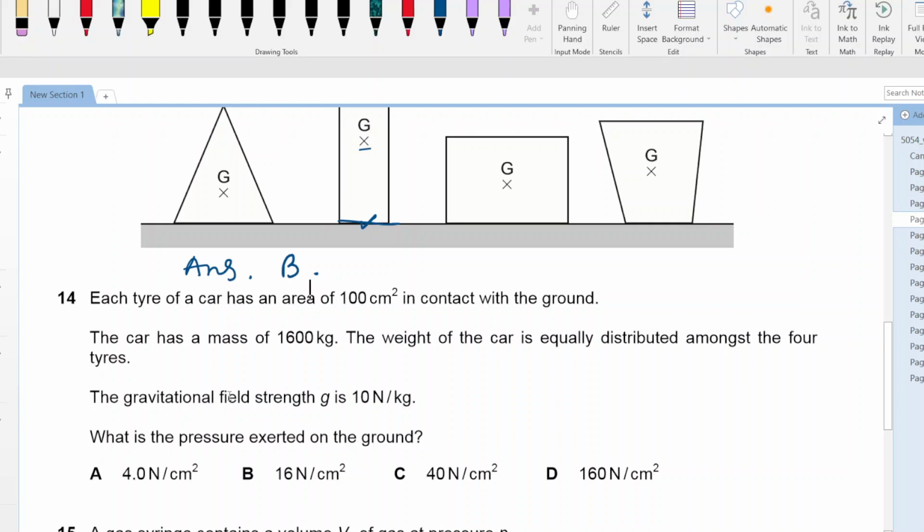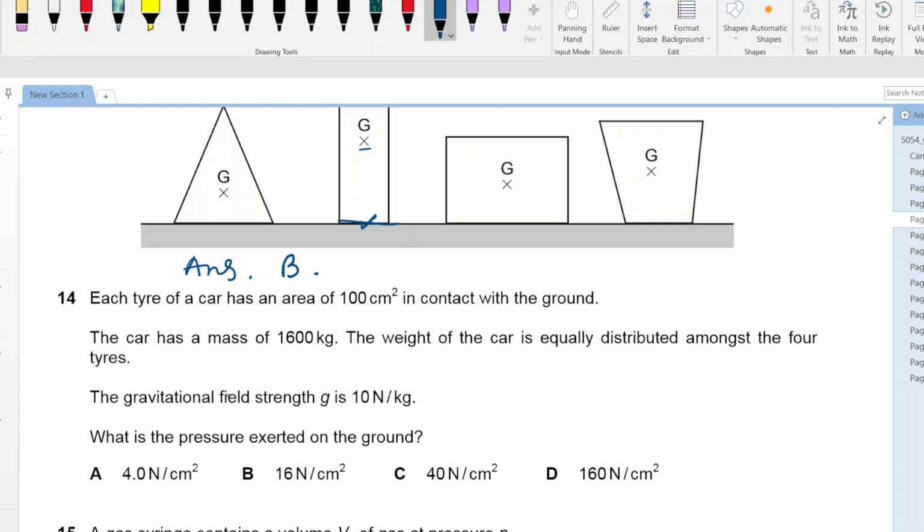Number 14. Each tire of a car has an area of 100 centimeter square in contact with the ground. The car has a mass of 1600 kg. The weight of the car is equally distributed amongst the four tires.